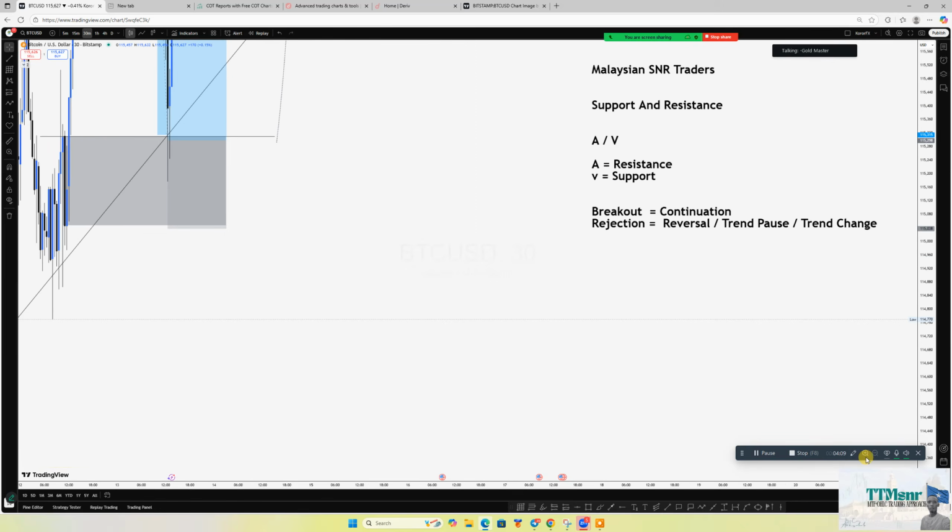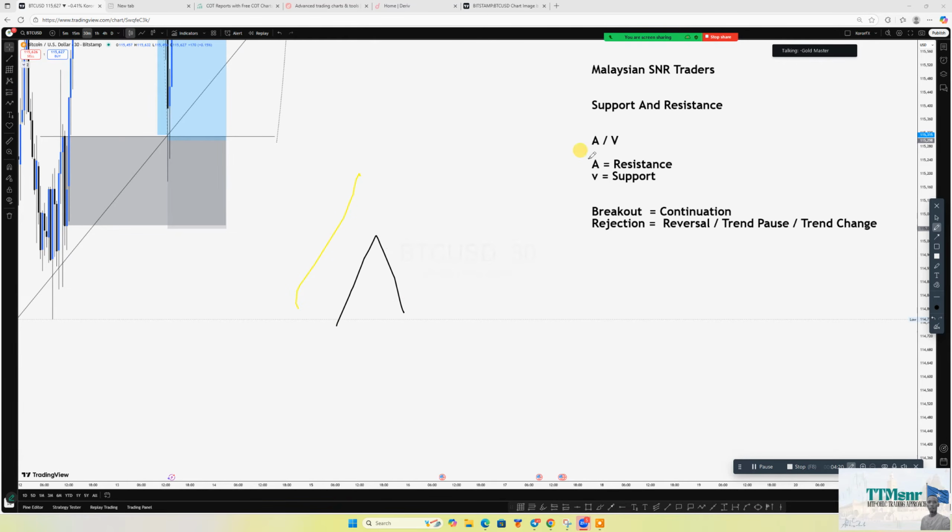So how do classic A, classic V, or SNR A, SNR V look? Whenever we go with the line chart, we see something like this. That looks like A, and at the top of this line chart here will be resistance. So at a resistance, we look for the market to sell, for example. The market retraces back at the resistance, and we're aiming for the market to reverse here.